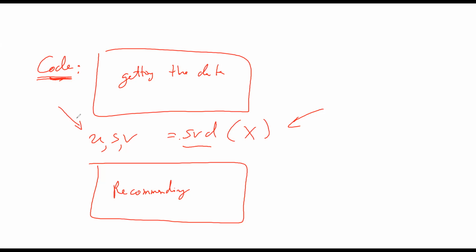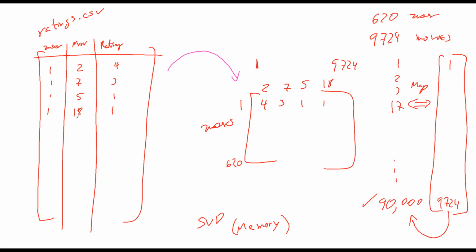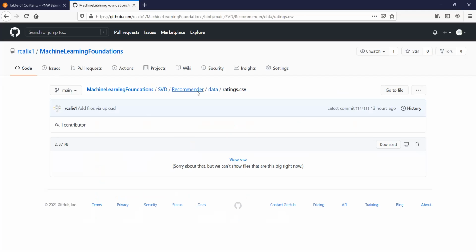All right, so I think we're ready then. If you understood this idea of getting the data, you should be in pretty good shape. Okay, so what you need to do now is you need to obviously download the two files, right? So you'll need to go back to my GitHub.